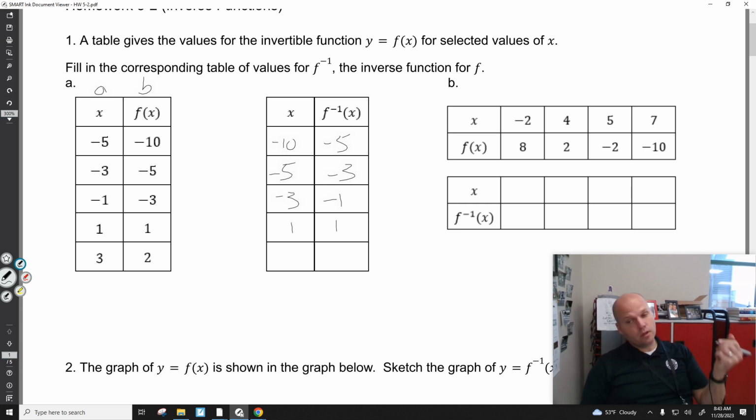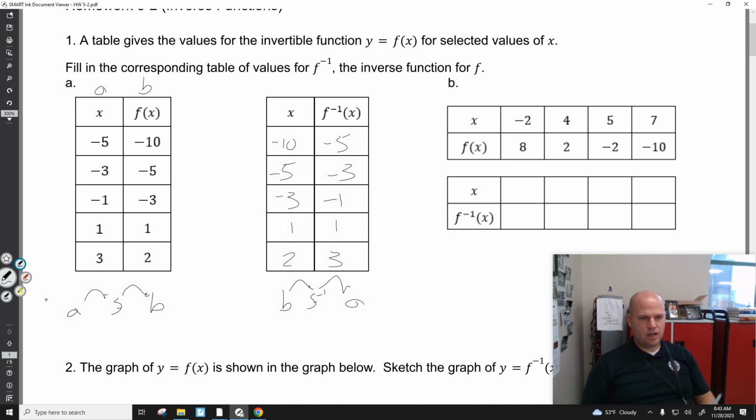I'll plug in 1, it'll keep it at 1. I'll plug in 2 into the inverse, it'll bring me back to 3. So it's like, here is A plugged into machine F, gets me B. We then take that B, plug it into F inverse's machine, and it brings me back to A. That's undoing what's being done. Reverse engineering your program.